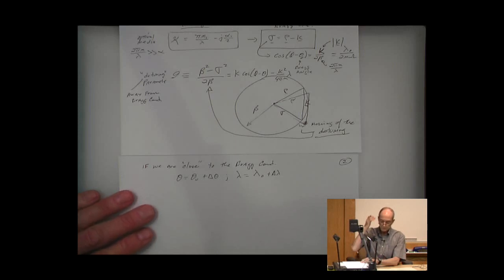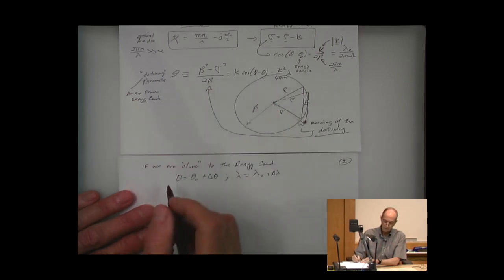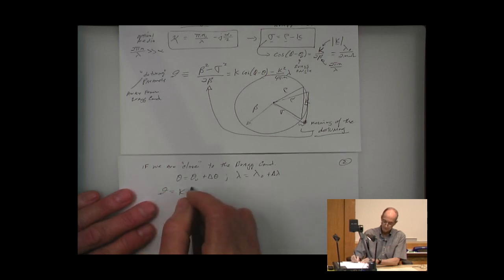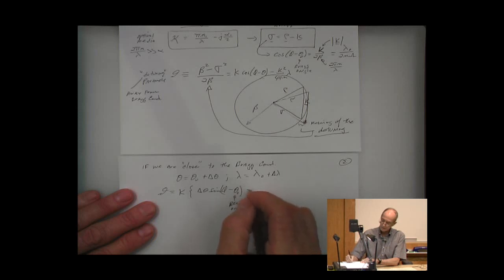When we are close to the Bragg condition, we can simplify this relation for the detuning parameter to k times delta theta sine of phi minus the Bragg angle, okay, so that's the Bragg angle, and minus delta lambda over 2n times the period.